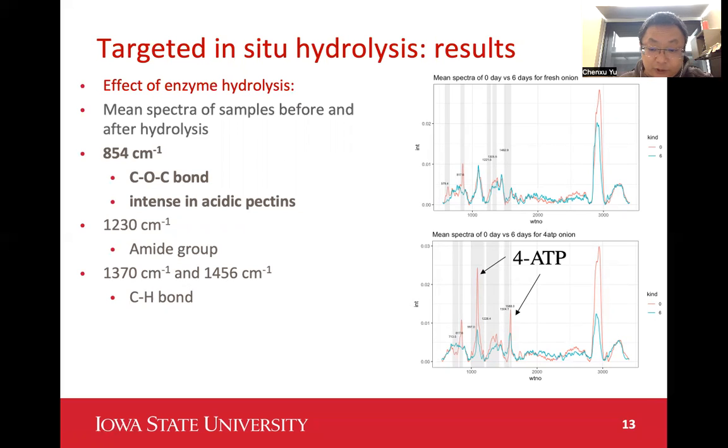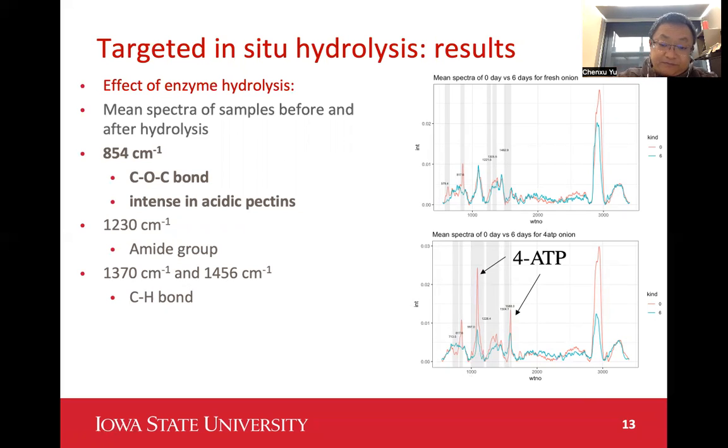So the difference between the red and the green tells you where the specific enzymatic reaction has occurred. And those are the positions that we can pinpoint to the presence of the pectin at those locations.